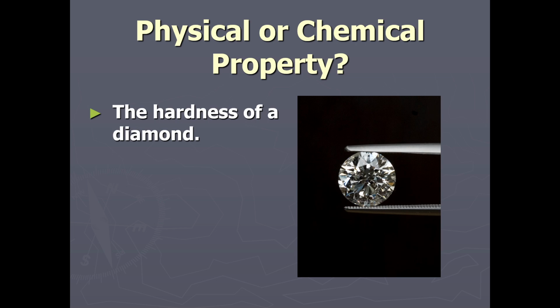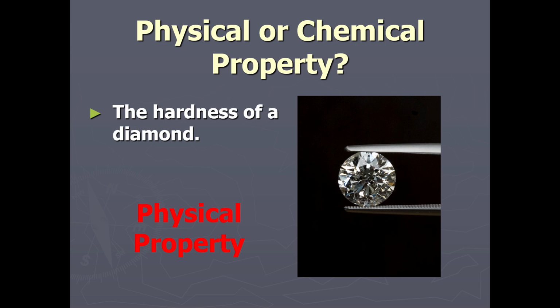The hardness of a diamond. Technically, this is physical. Again, you can pick up the diamond and squeeze it and feel it and tell that it's very hard. Even though technically how hardness is defined, you have to scratch it against something else.